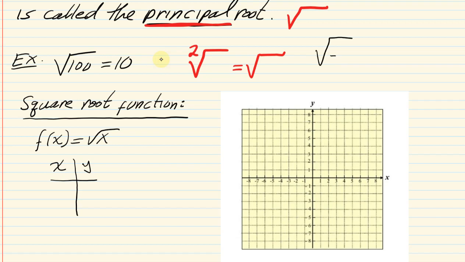Suppose now instead of 100 I have negative 100, and I want to find the square root of negative 100. Because you square a positive number or a negative number, the outcome is going to be positive. So it is impossible to square a real number such as 10 or negative 10 and get a negative number.